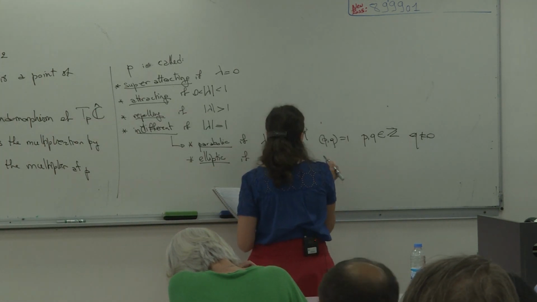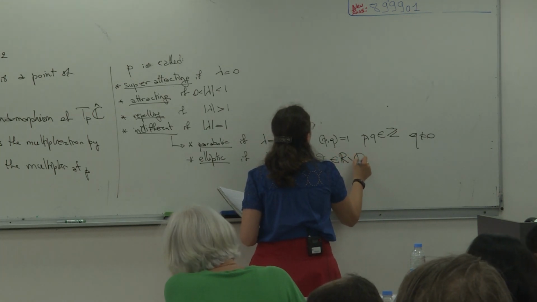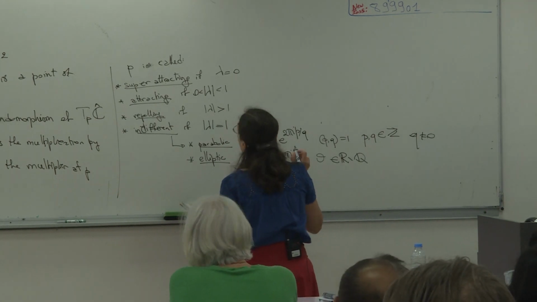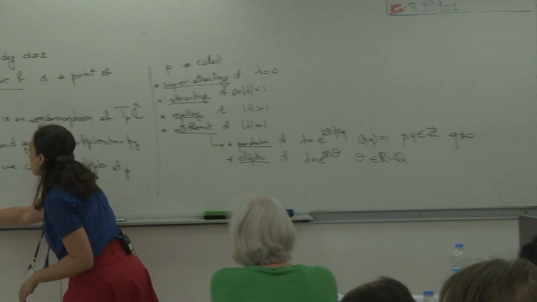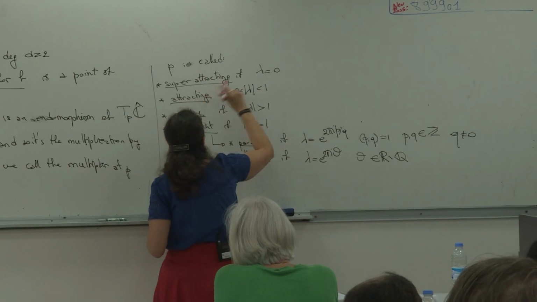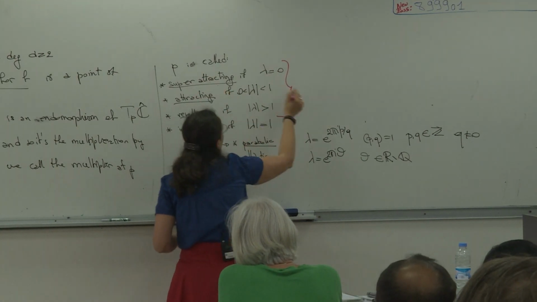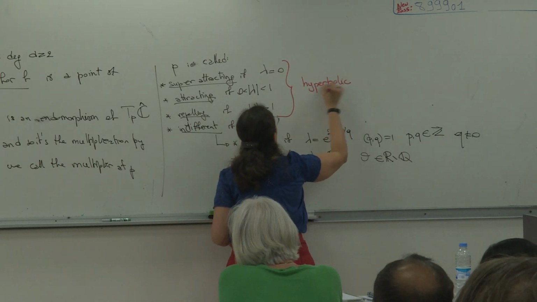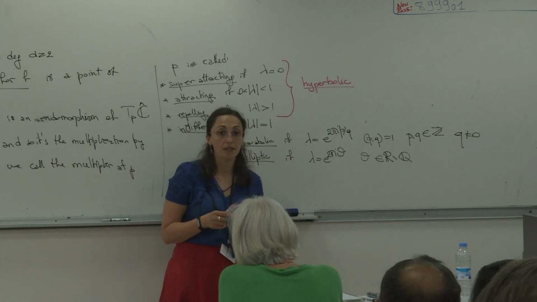That is, e to the 2 pi i theta with theta an irrational number. This terminology comes from parabolic, elliptic. In here we have the super attracting, but sometimes these three cases are called hyperbolic. And so you have hyperbolic, parabolic, and elliptic.